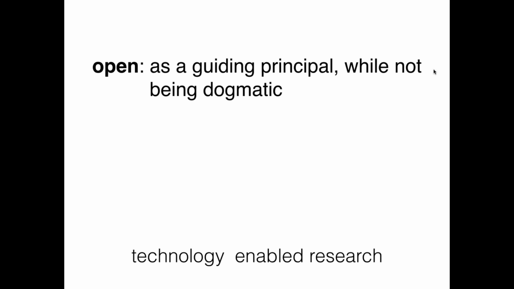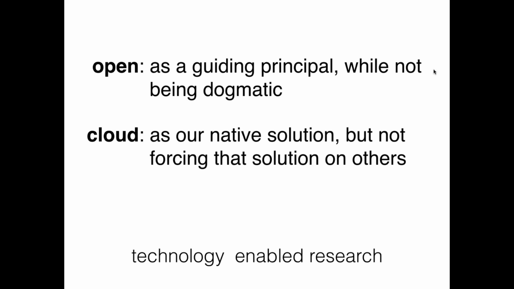this is a little bit more about the way we operate at Sage. So I mentioned the fact that we try and pilot open incentives, systems, and norms, but we use open as a guiding principle and try not to be dogmatic about it, realizing that there are times when open is very important, and there are other times where it may actually be a hindrance to what we're trying to accomplish.